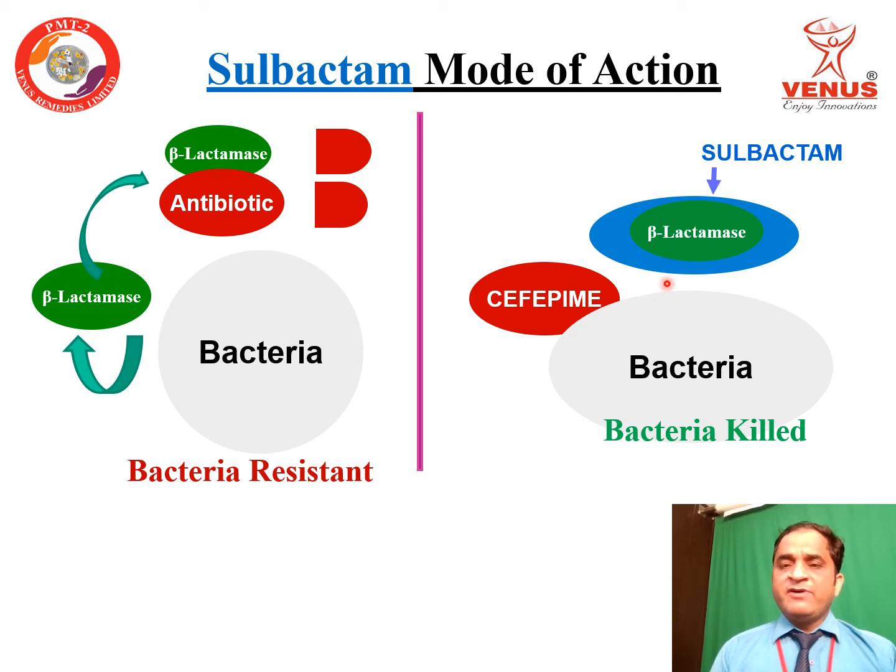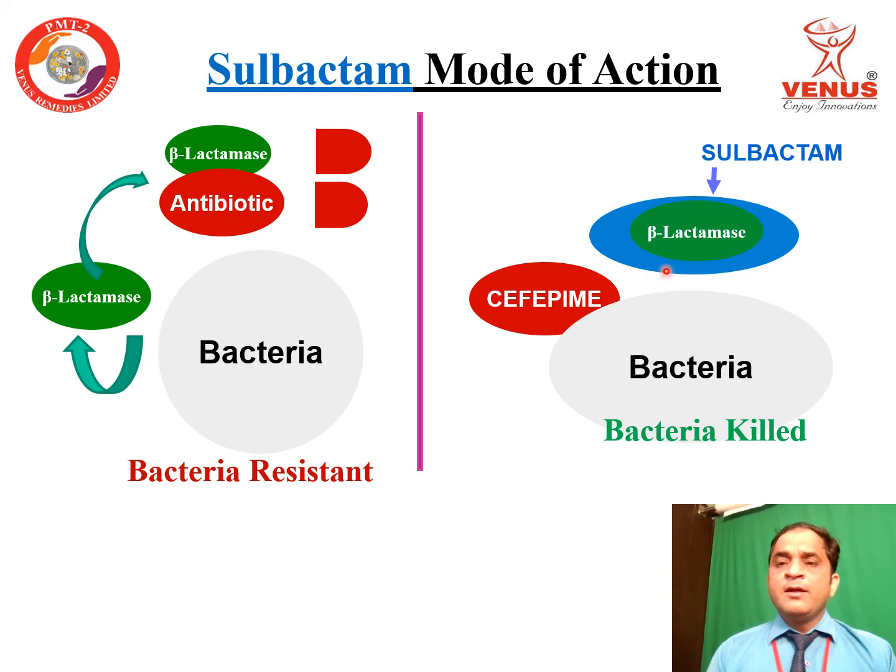As long as this beta lactamase enzyme is inhibited by sulbactam, this will provide safety to the cefepime. And now this safe cefepime again attacks this bacteria and kills the bacteria again, which was not possible in image one because of the impact of beta lactamase enzyme.